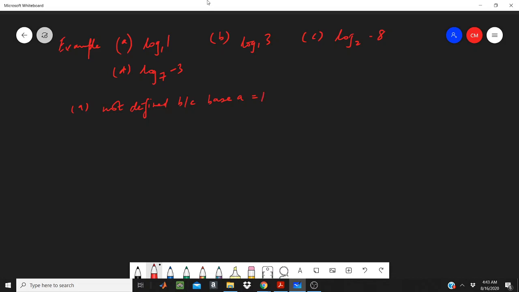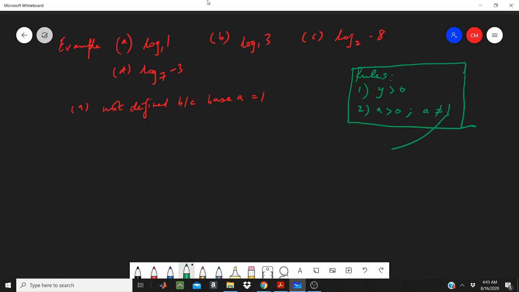Let me write down the rules for you again so that you can see it more clearly on this slide. The rules for log_a of y to be defined are as follows: 1, y should be greater than 0. 2, a should also be greater than 0, and a cannot be equal to 1.